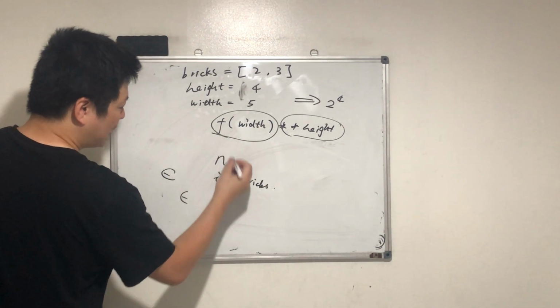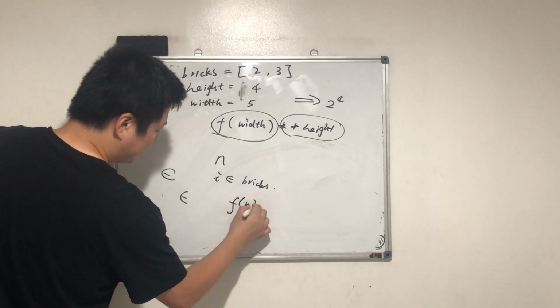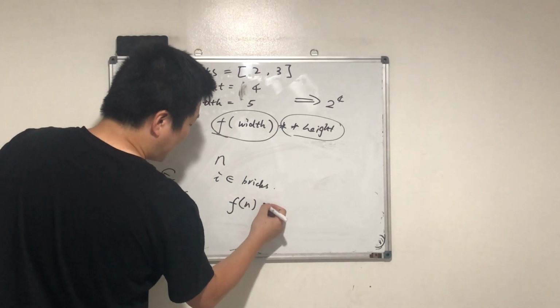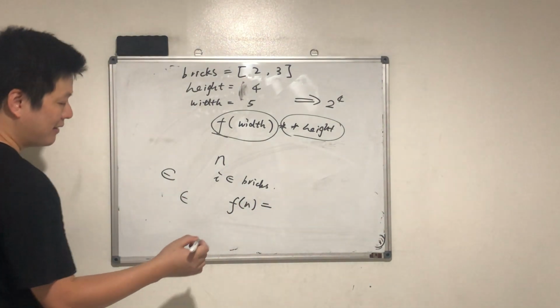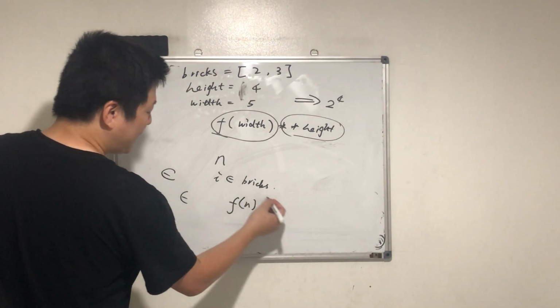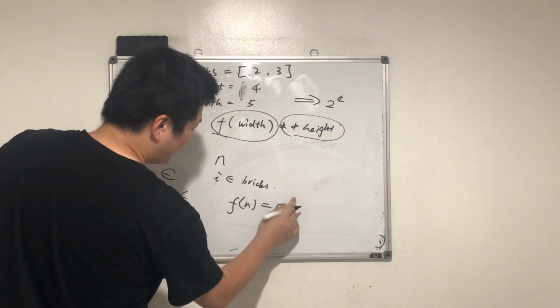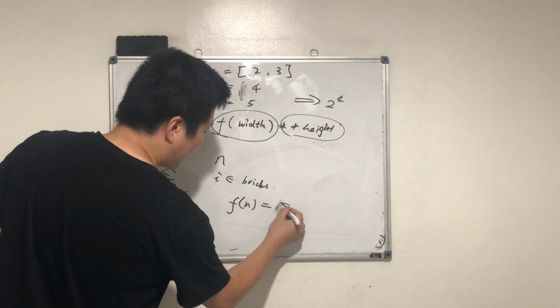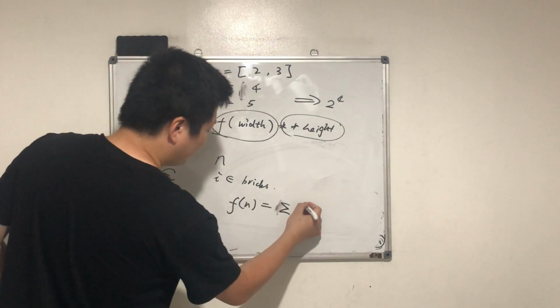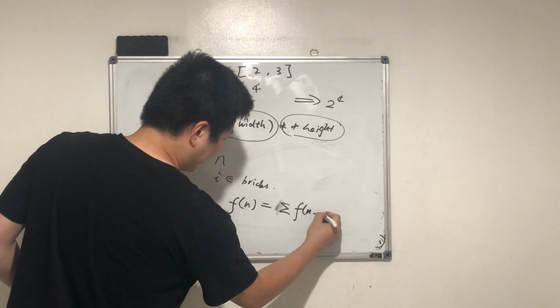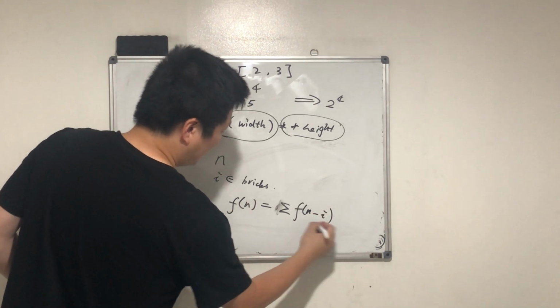So what? Fn will be the sum. It looks like a C eating the minus sign. Yeah. Fn will be the sum of what? The sum. Remember we talked about the sum. This is the sum of Fn minus I, right?